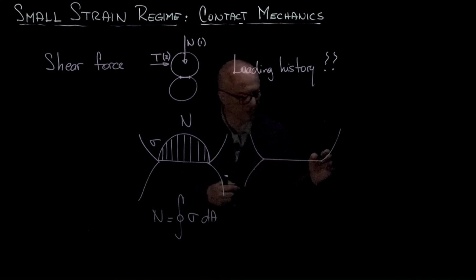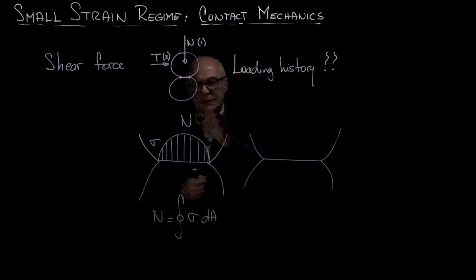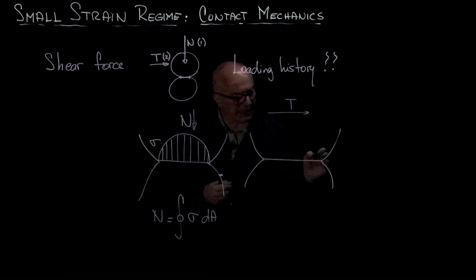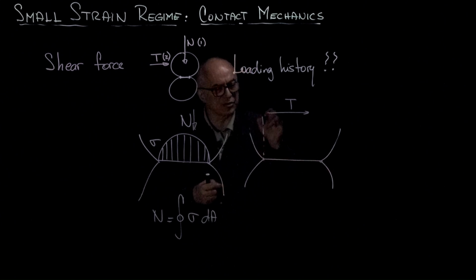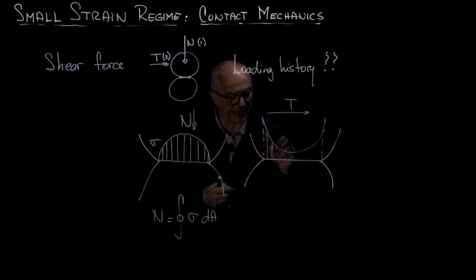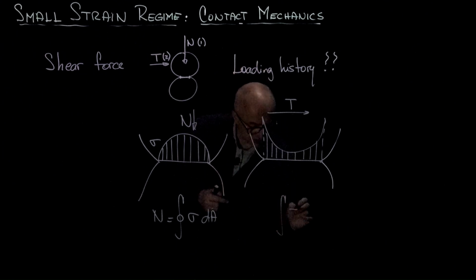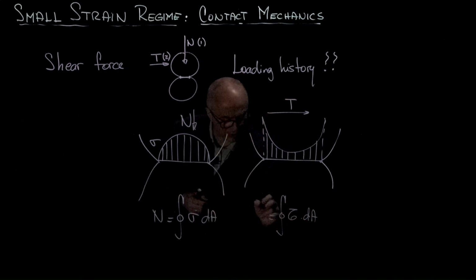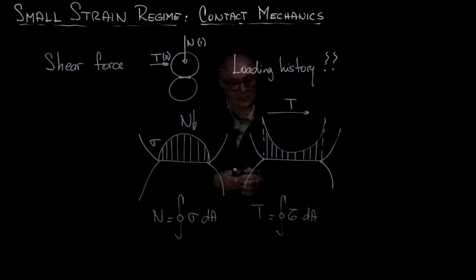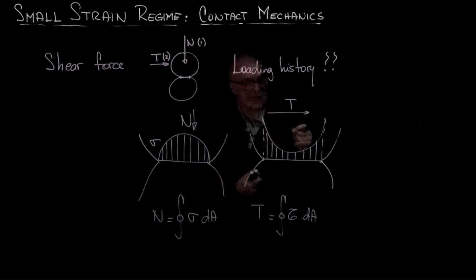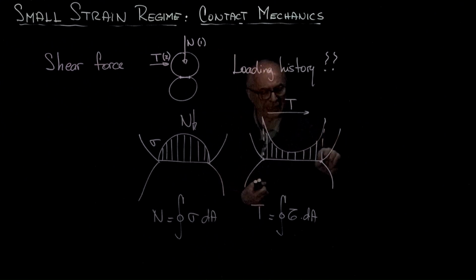Once again, we're zooming into the contact, and when I apply the shear force, if there is no slippage at the boundaries, this is the distribution of the shear stress at the contact, in such a way that the integral of the shear stress across the contact will be equal to the applied shear force T. Now here is a problem, because you see we have a very high shear applied at the edges.